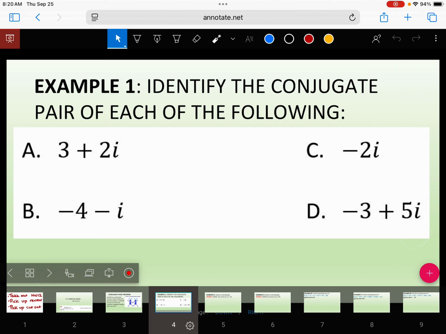So whenever you're finding the conjugate, you're really just changing the sign in the middle.